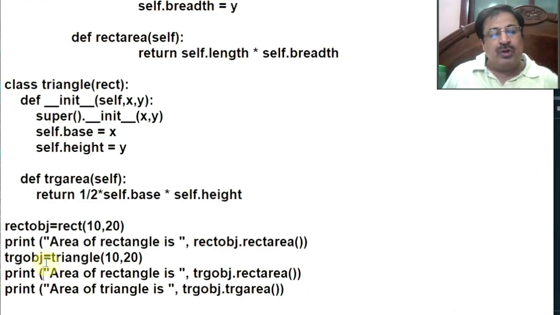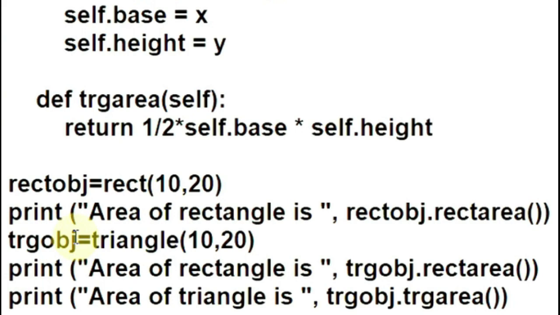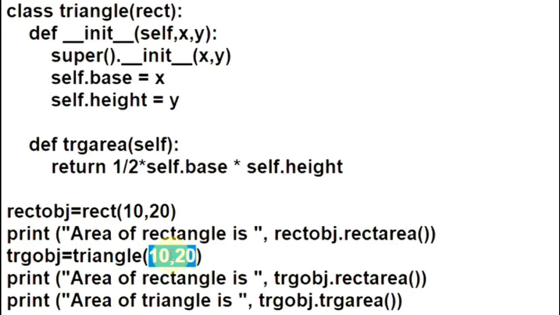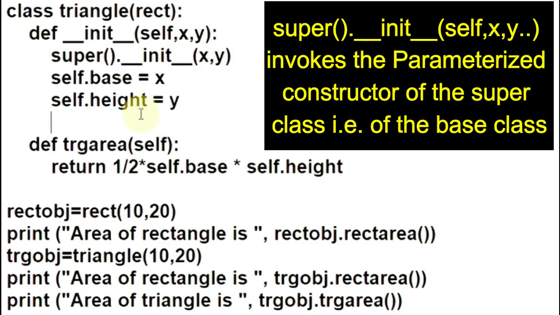Now here you are creating an object trg obj of the triangle class and you are passing two arguments. Obviously Python will search for a parameterized constructor and this 10 and 20 will be assigned to these parameters x and y. Now this is the main line of this program. As I told you, the class which is inheriting is known as the subclass and the class which is being inherited is known as the superclass or base class. So what you're saying is, you are invoking the parameterized constructor of the superclass.